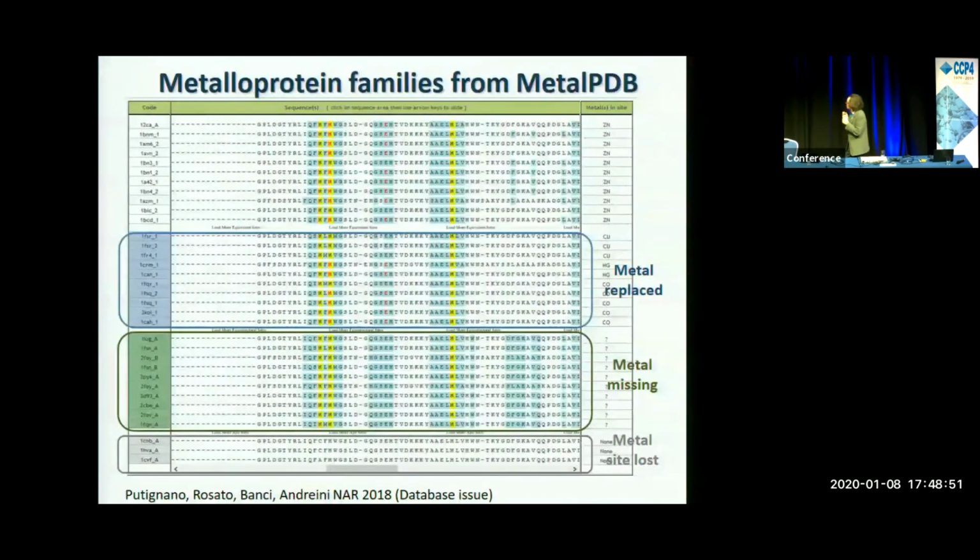And finally, at the bottom, we have proteins which have enough sequence similarity to be included in the family, but they are actually lacking the amino acids that bind to the metal. So presumably this is an evolutionary or maybe a design where the metal site has been lost.